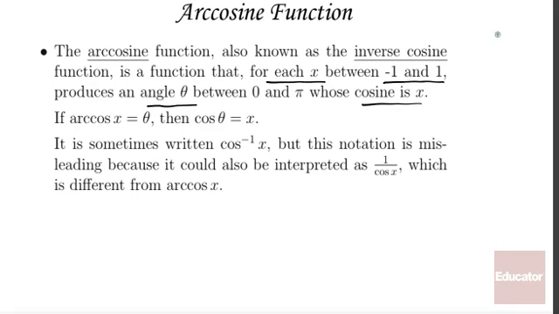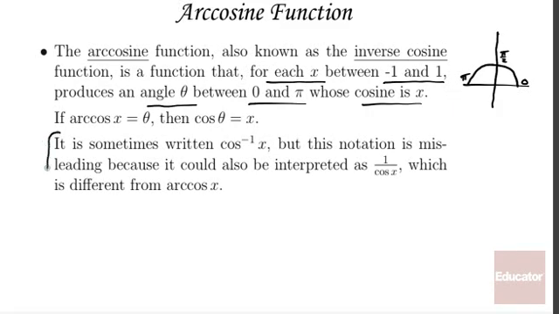And then what you try to do is produce an angle between 0 and pi. So there's 0, pi/2, pi. You try to produce an angle between 0 and pi that has that value as its cosine.